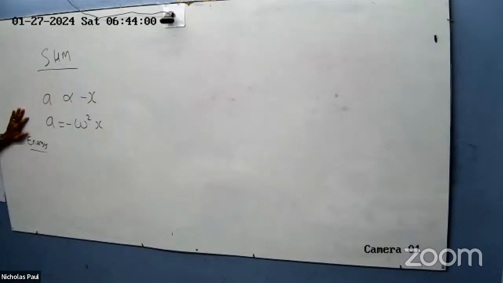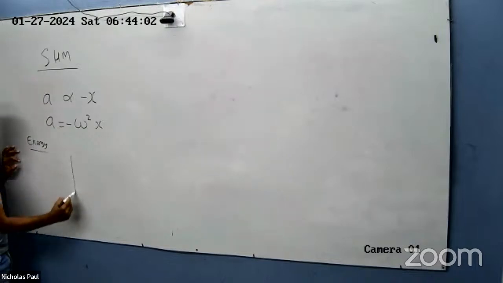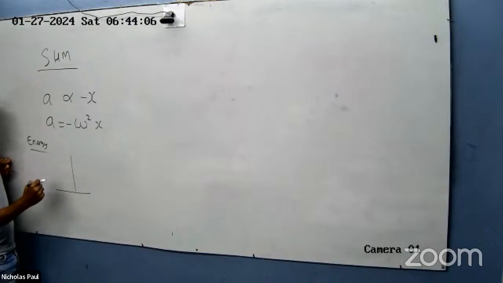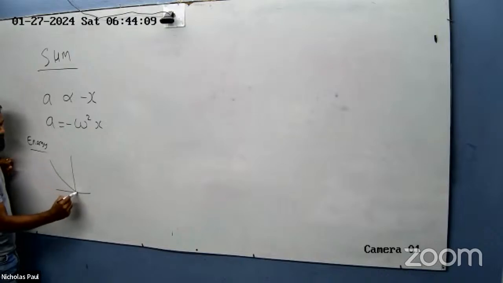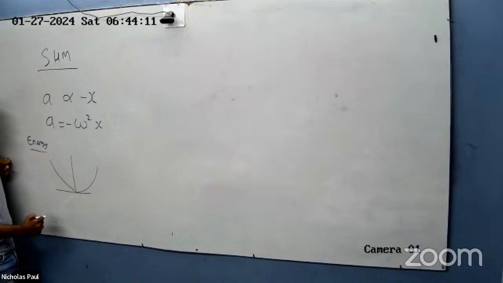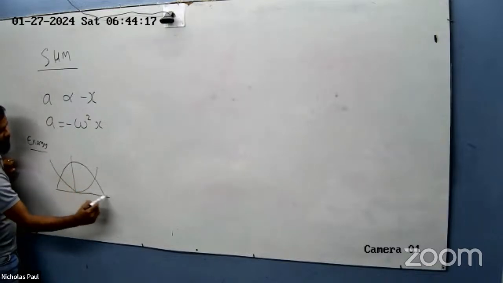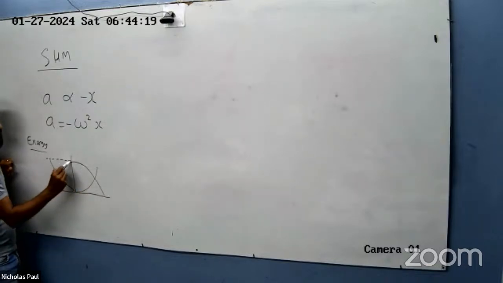Like a bell. Right? So the potential energy graph was shaped like this, and the kinetic energy was shaped like the other way, right? And then the sum here was what?